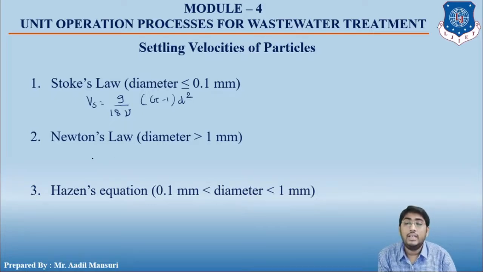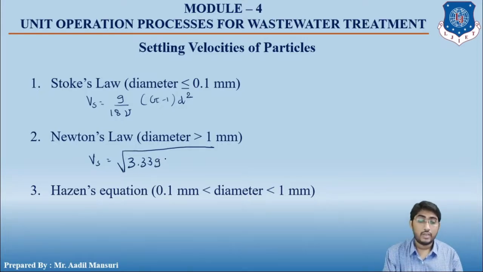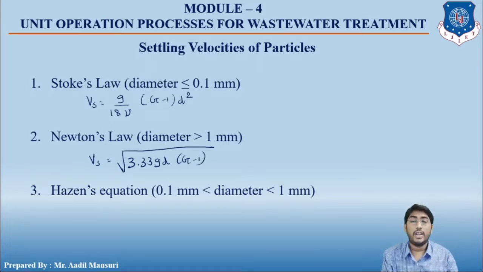The second one is Newton's law, where settling velocity equals under root of 3.33 g d into (G minus 1), where g is again the gravitational acceleration, d the diameter and capital G the specific gravity.